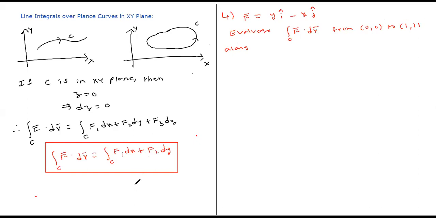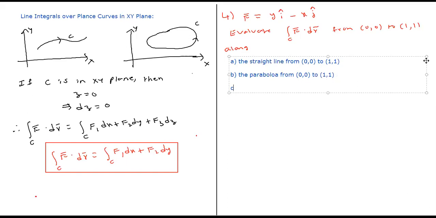The first one is the straight line from 0, 0 to 1, 1. The second path is the parabola from 0, 0 to 1, 1.